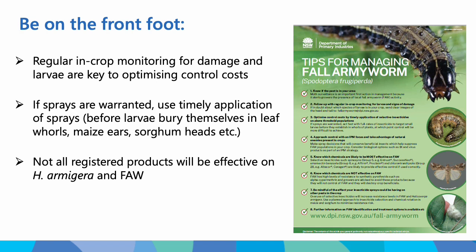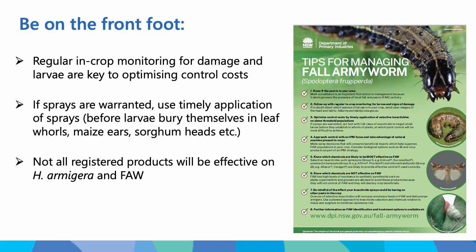But it is very important to realise that just because a product might be registered, that doesn't necessarily mean it's actually going to provide effective control of these pests. And we already have a pretty good understanding of the practical implications of resistance in armigera, particularly when it comes to broad-spectrum insecticides like SPs, which we know to be pretty ineffective on armigera.